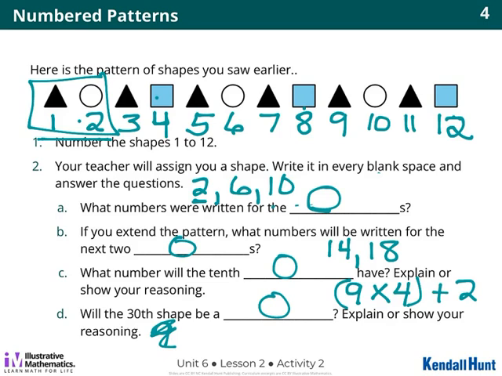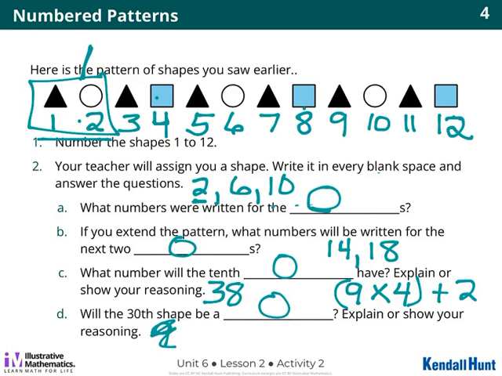The 9 is because this is the first shape, and there's going to be 9 more to make 10. You wouldn't multiply that one in the group. So 9 times 4 is 36 plus 2, 38, right?